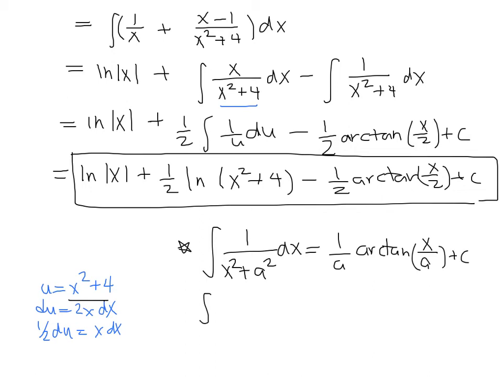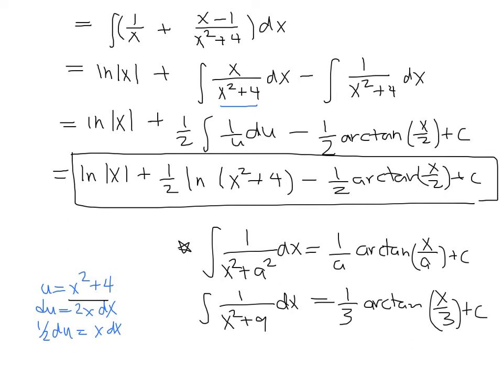So, for example, the integral of 1 over x squared plus 9 dx would equal 1/3 arctan x over 3. So when you end up with an integral of a constant over x squared plus some number, you're going to have to apply this formula. And that formula should have been something that you learned in your Calculus 1 class.